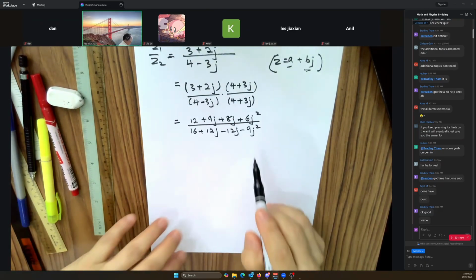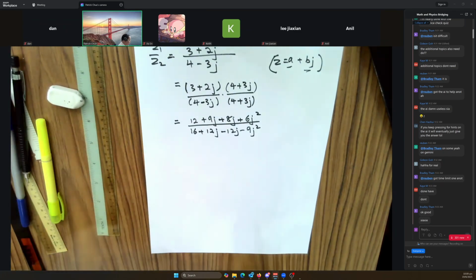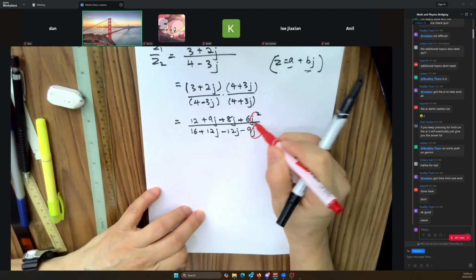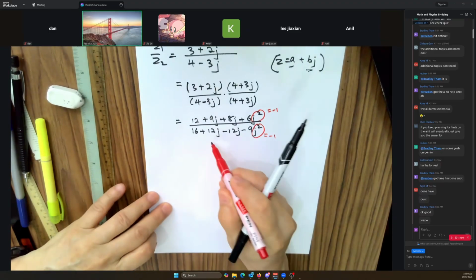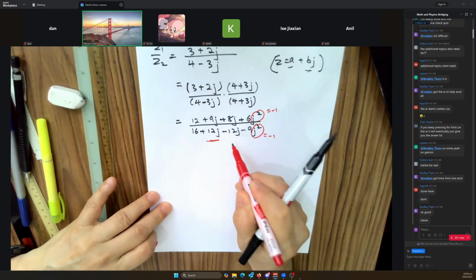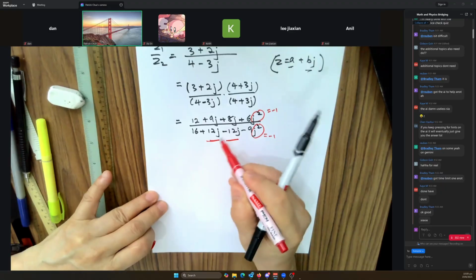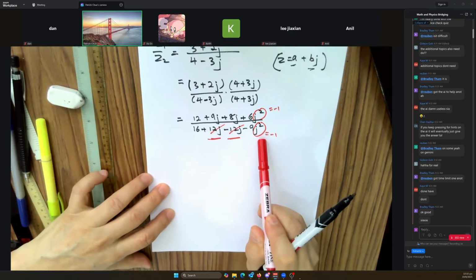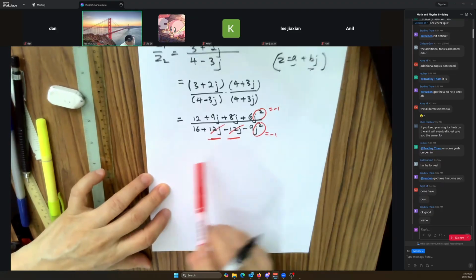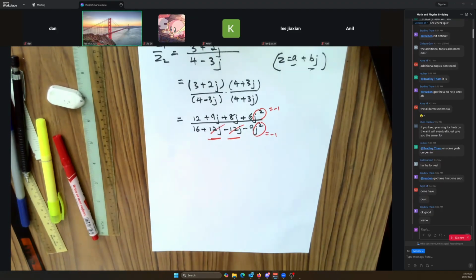Okay, so since this is equal to minus 1, and this is also equal to minus 1, and also you have plus 12j and minus 12j, so these two will cancel off. So we have got rid of all the j in the denominator already.